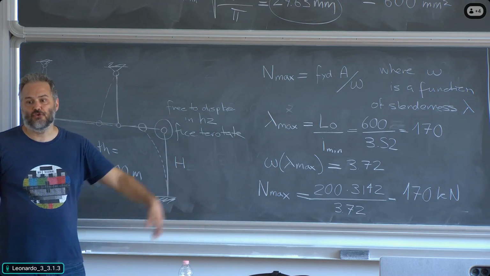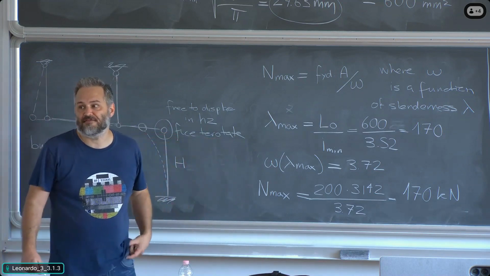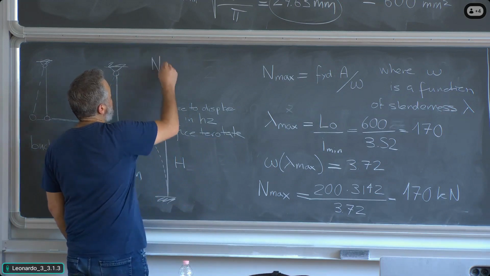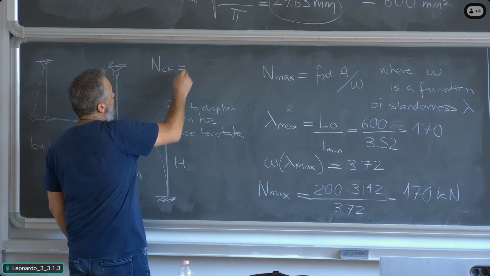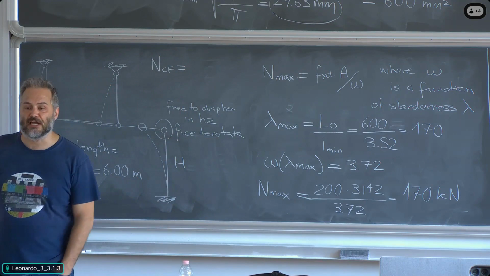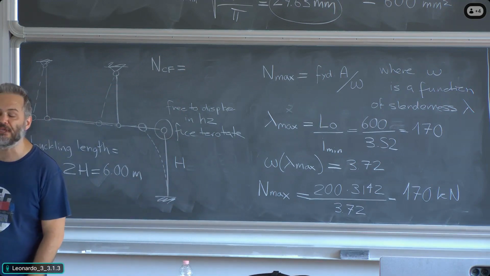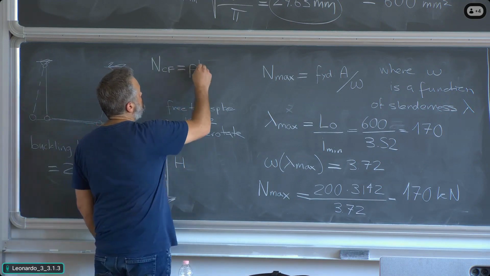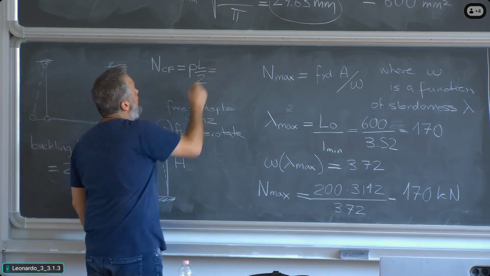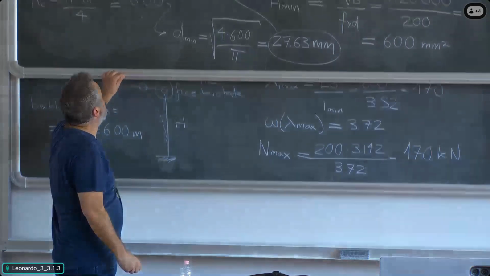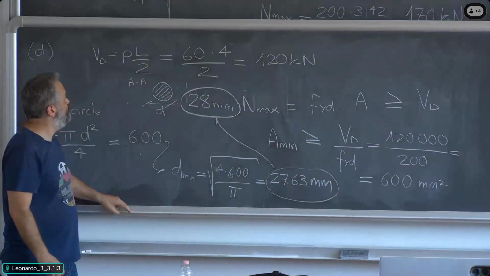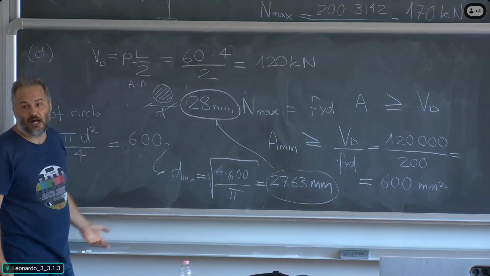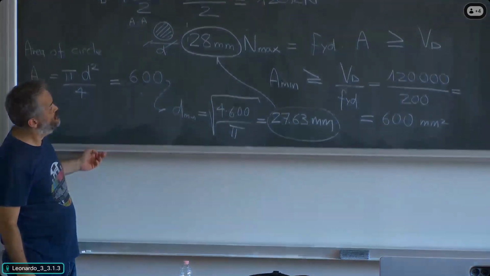Now my question to you: is this enough or not enough? How much was the actual force acting in column CF? Remember, subjected to compression equal to PL divided by 2, which, as in the case of tie AD, is equal to 120 kilonewtons.